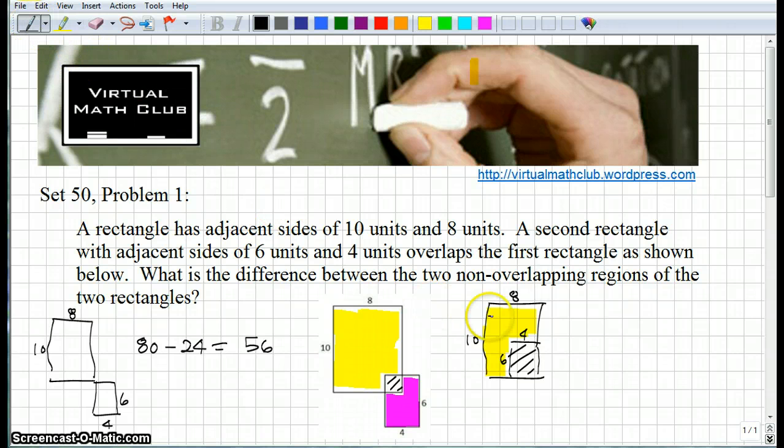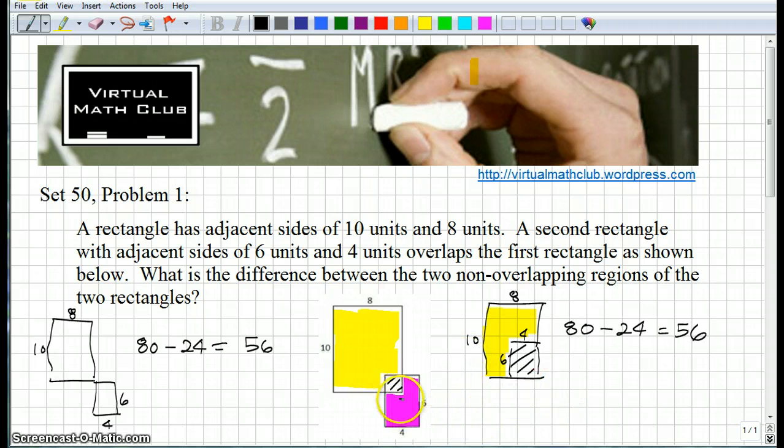So again, you can see that the area that we're interested in is the area of the big rectangle, 8 times 10, which is 80, minus the overlapping region here, which is 24, which again is just 56. So, does that hold for all cases?